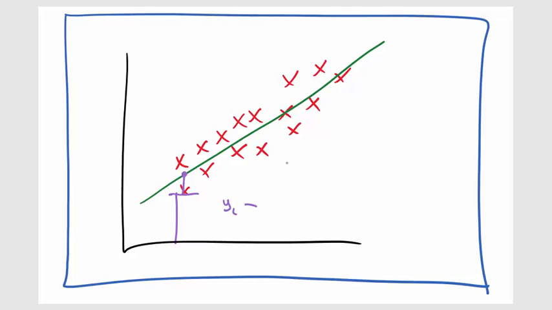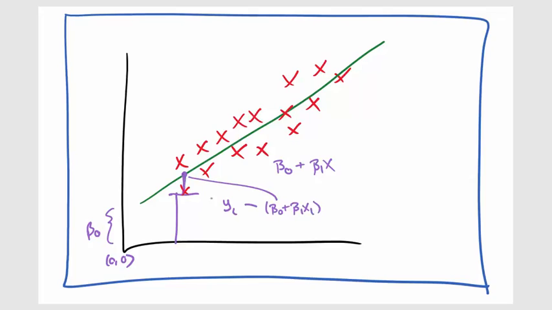So this line, let's assume, has intercept beta naught, which is the height along the vertical axis, and slope beta 1. So that's the line that we're interested in. This point right there is beta naught plus beta 1 x1.